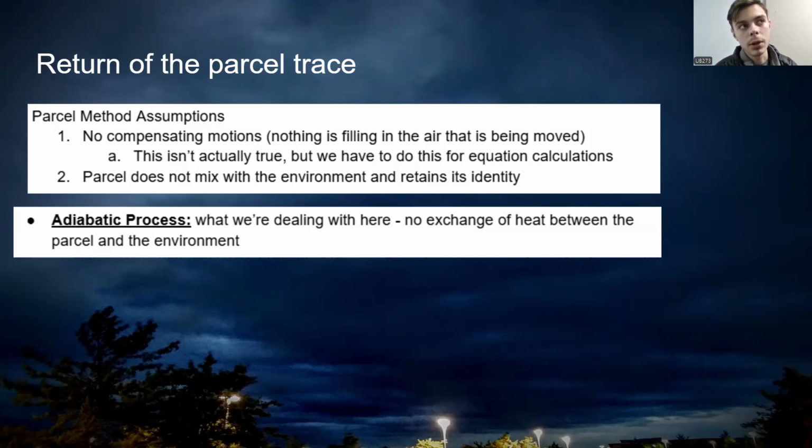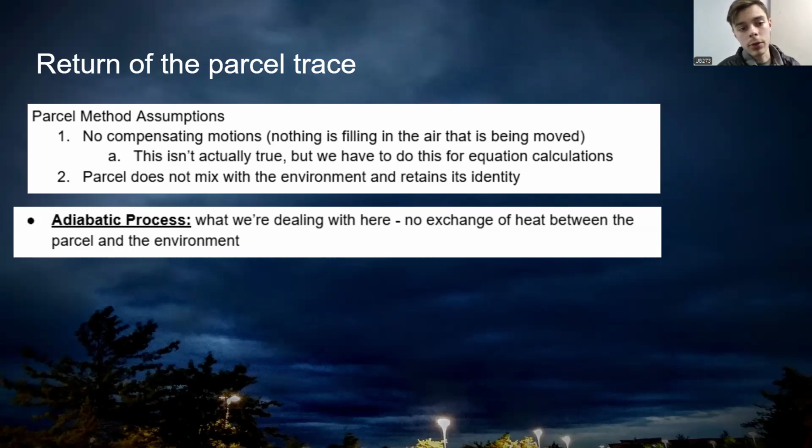What temperature will it be at once it gets to a certain height? The environmental lapse rate just tells us what the environment is doing with height, and we're able to determine that by the weather balloons that we send out with the radiosonde. And that is exactly what is plotted on this Skew-T log P, if you remember.